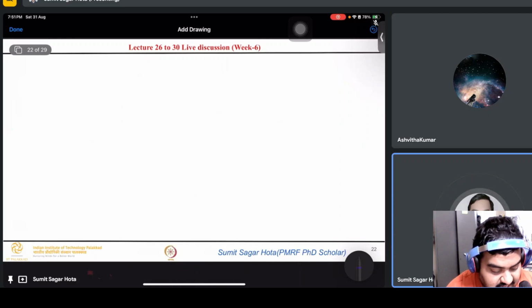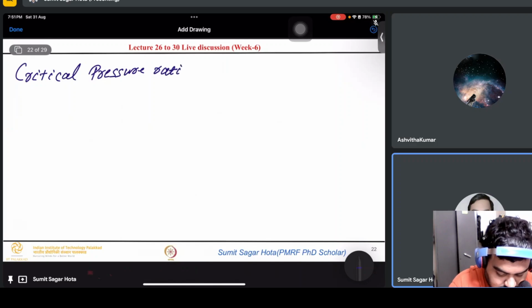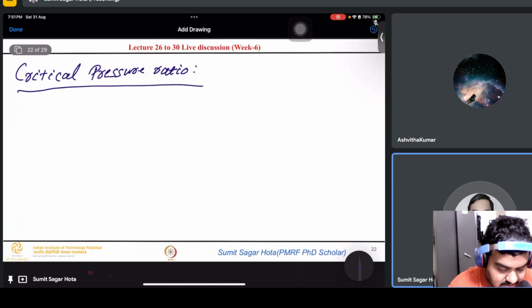Now we have the nozzle pressure ratio. One more question that can be asked is: what is the critical pressure ratio? If you know the formula, then you can answer, otherwise you can't. This formula you should remember. For the critical pressure ratio, many of the terms are not required.